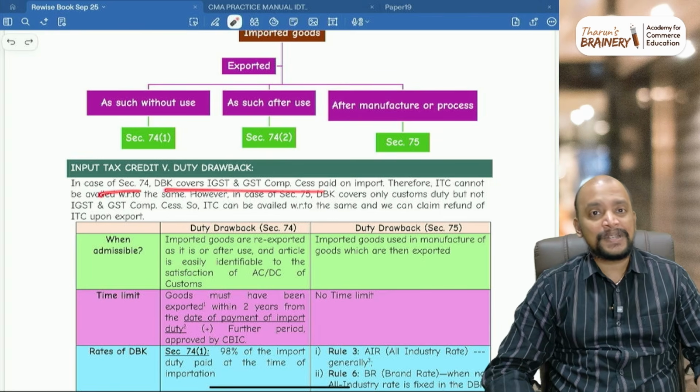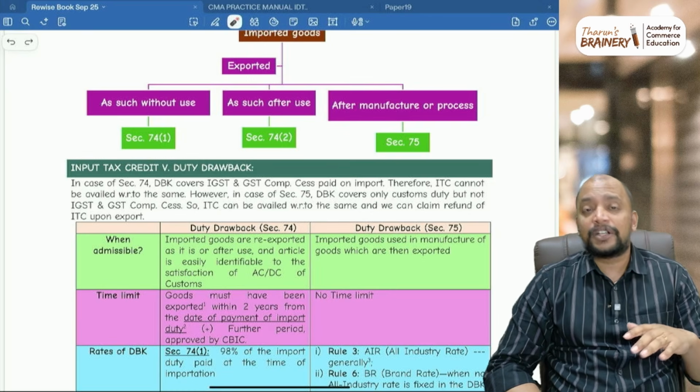In that 98% of the total customs duty, even IGST is also getting relief. That's why in case of section 74, duty drawback covers IGST and GST compensation cess paid on import. Therefore, ITC cannot be availed with respect to the same. However, in case of section 75, duty drawback covers only the customs duty but not IGST or GST compensation cess.